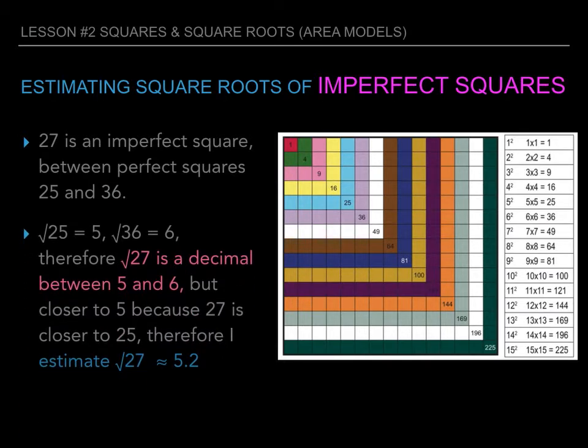The square root of 25 is 5. The square root of 36 is 6. Therefore, the square root of 27 is a decimal number somewhere between 5 and 6, but closer to 5 because 27 is closer to 25. Therefore, I estimate the square root of 27 to be approximately equal to 5.2.